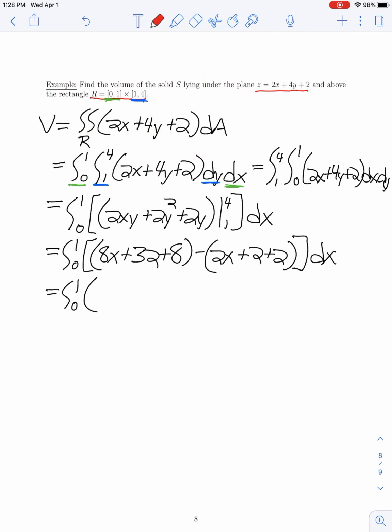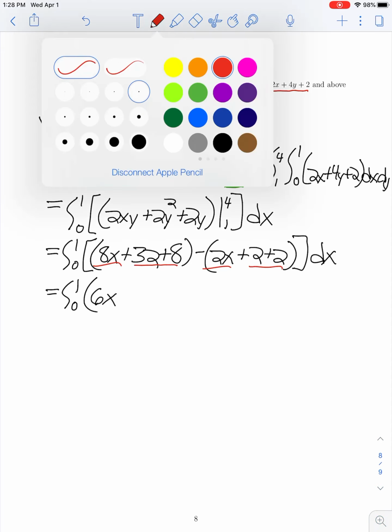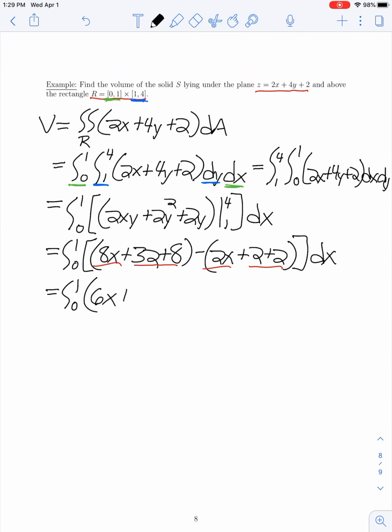And we're then integrating with respect to x. So let's group like terms and see what we're left with. Here we go from 0 to 1. In grouping our x terms, we had an 8x minus 2x, so we're left with 6x. And then grouping our constant terms, we had a 32 plus 8, or 40, minus 4, which leaves us 36.